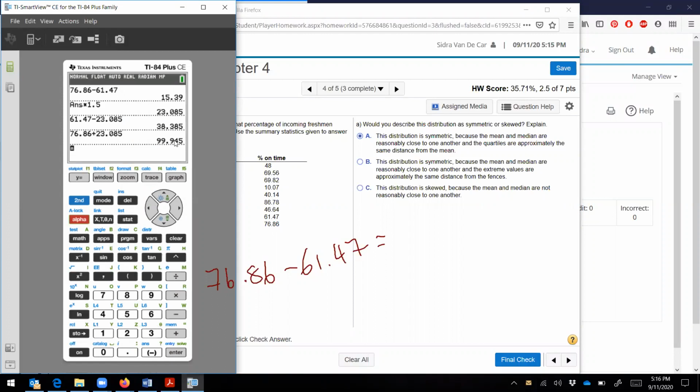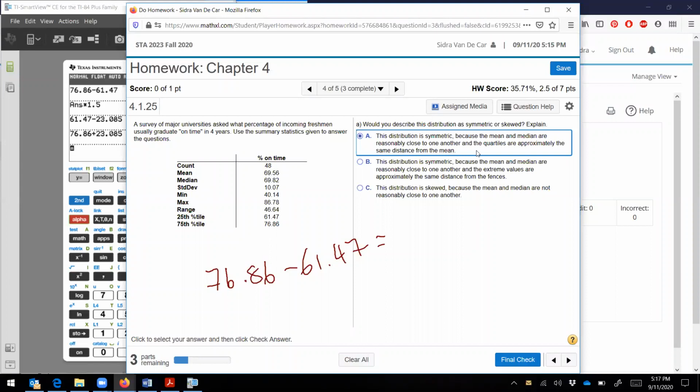But notice this fence is much farther away, right, than the closeness that's here to the 40. So 86 to 99 is a bigger distance. So we want to go with the option where the mean and median are reasonably close to one another, and the quartiles are approximately the same distance from the mean.